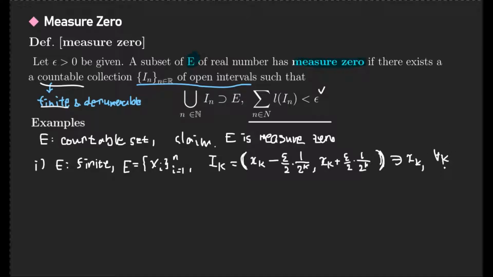Clearly, every element xk is contained in its interval. Then the first condition is satisfied, because the union of the intervals Ik contains all elements of E. Each element xk is wrapped by its interval.